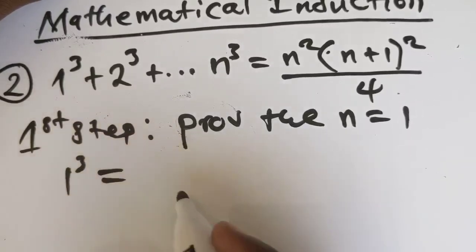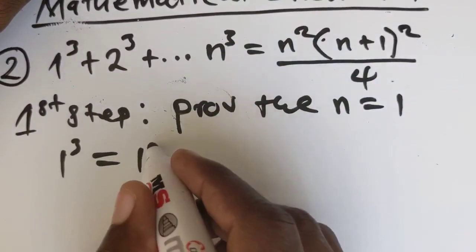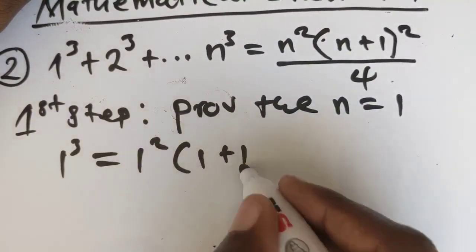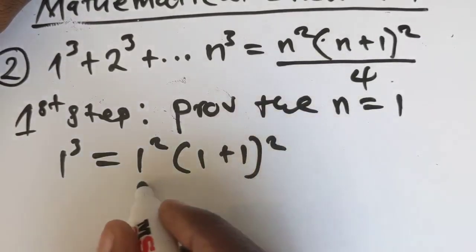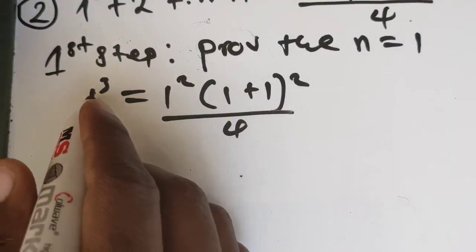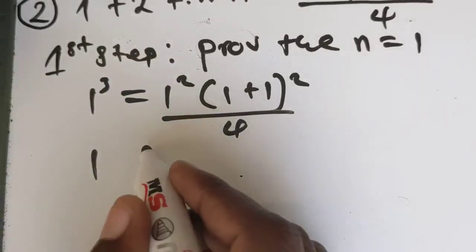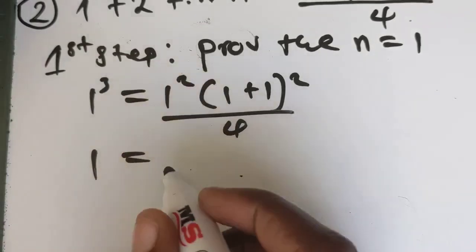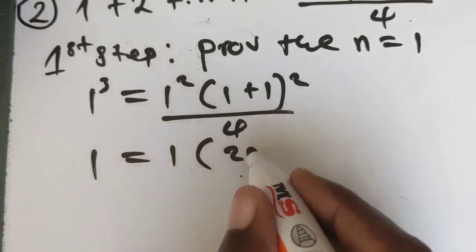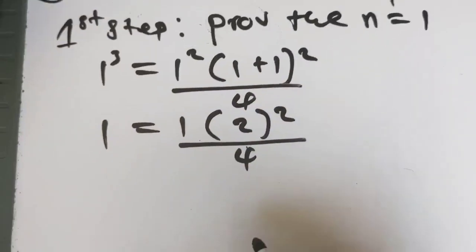Is it equal to, here we put 1, so it's going to be 1 to the power 2, open bracket, 1 plus 1, then to the power 2, divide by 4? So 1 to the power 3 is just the same as 1. Then 1 to the power 2 is 1, open bracket, 1 plus 1, that is 2, to the power 2, divide by 4.